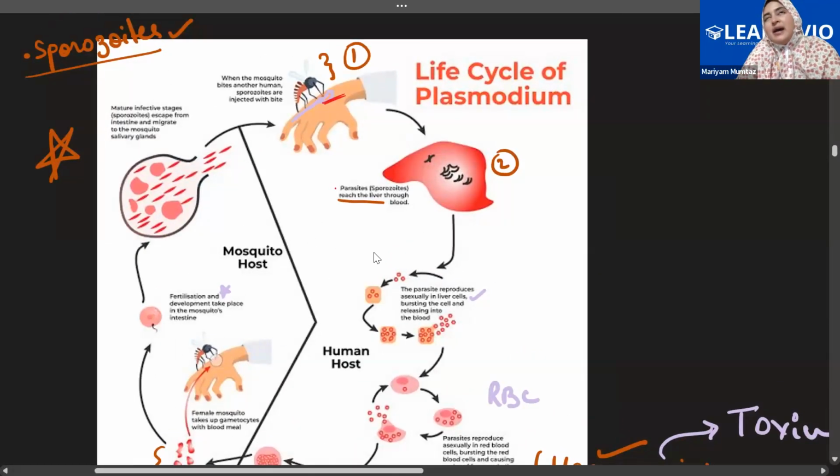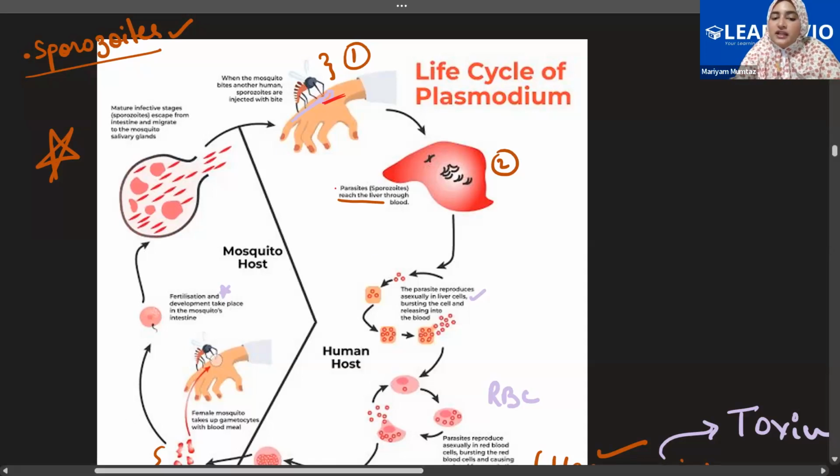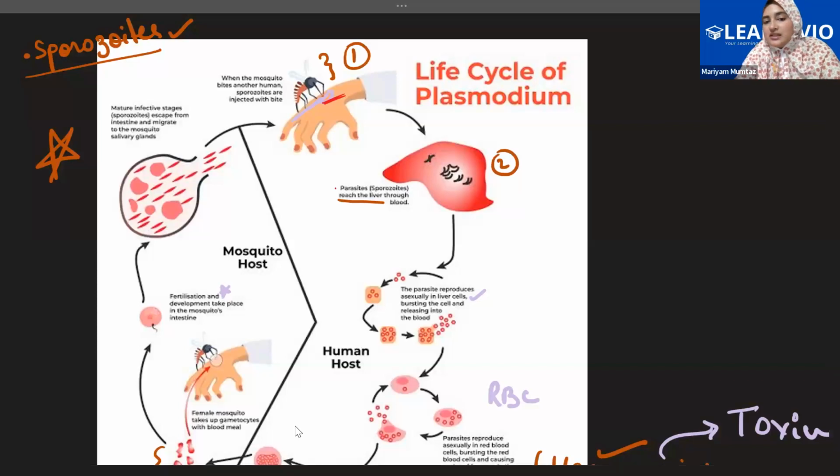Imagine sporozoites as the infectious part, the parasite that causes malaria, that comes into our bloodstream. Now, why does the biting of the Anopheles mosquito cause the pathogen to be transmitted into the human being's blood?